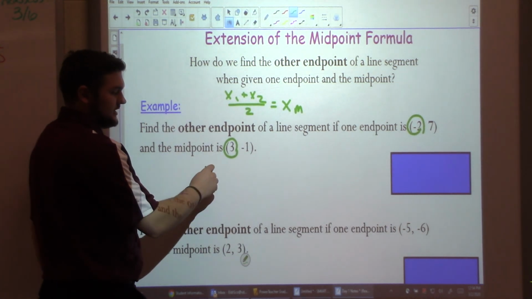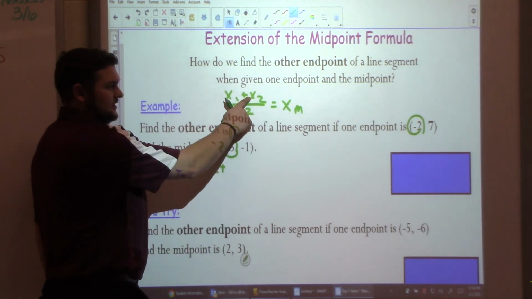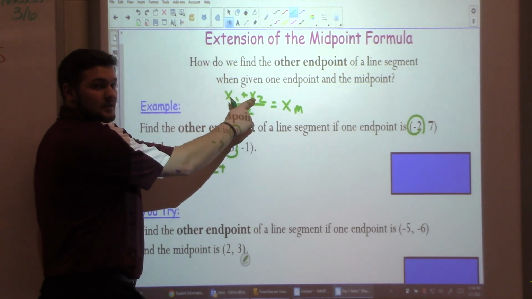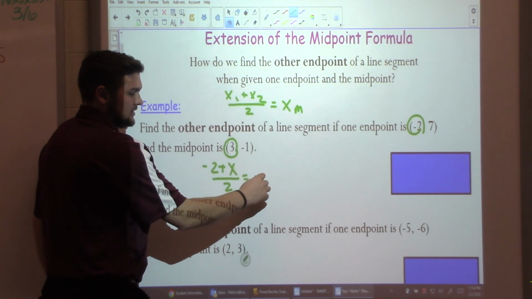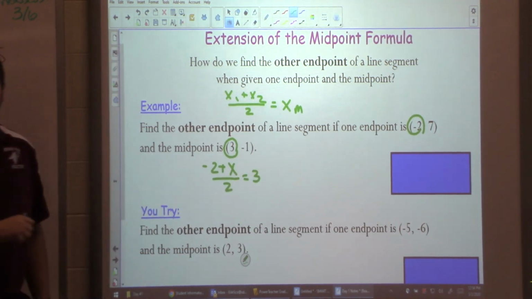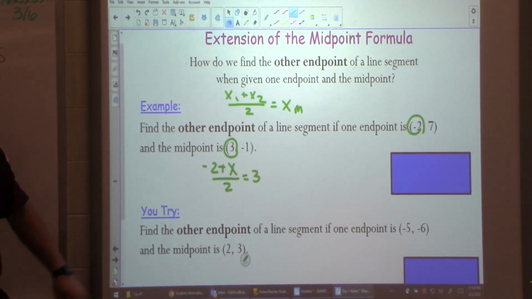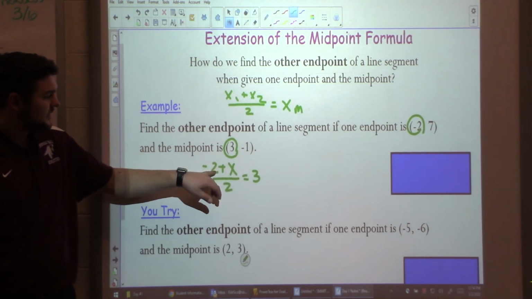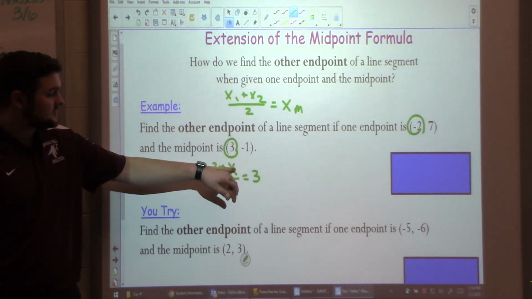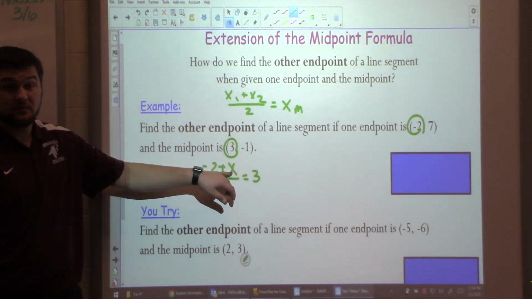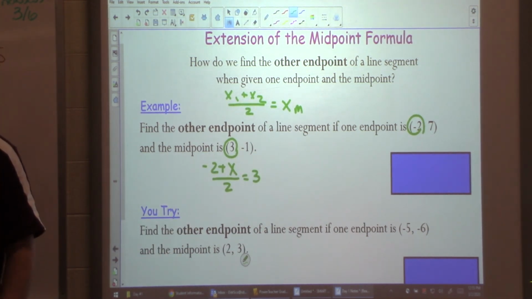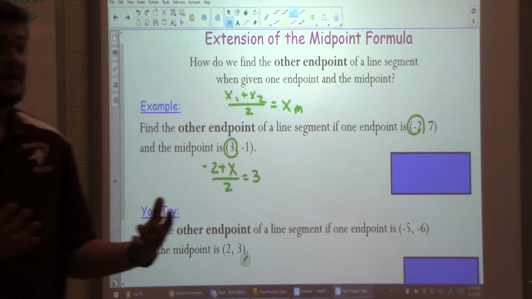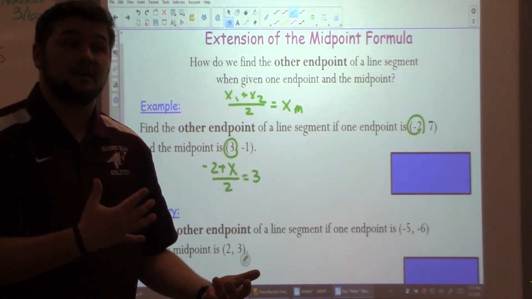So what if I did -2 plus... do I have a second endpoint? No, so I'm putting in x over 2 equals the x value of my midpoint. So instead of adding my two endpoints, I'm adding my one endpoint plus the endpoint I don't know, divided by 2 equals the x for my midpoint.